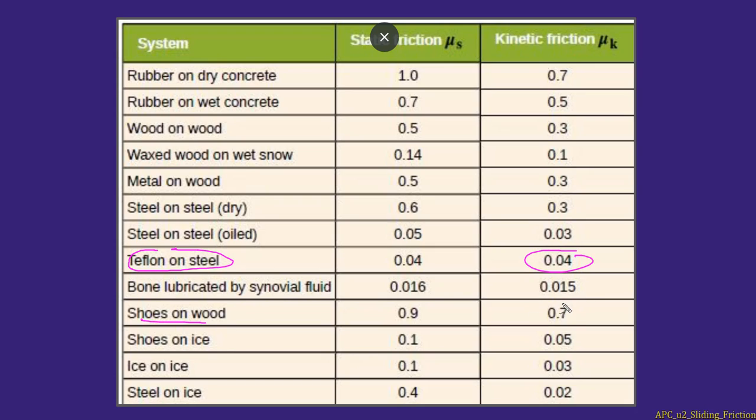Look at that, much bigger, because you're not going to slide very well. But shoes on ice, not so much, closer to Teflon on steel. Okay, so the bigger the value of mu, the more interaction you have, which means the more friction you're going to have.